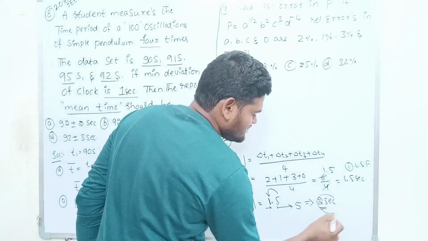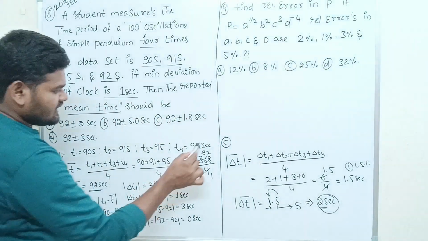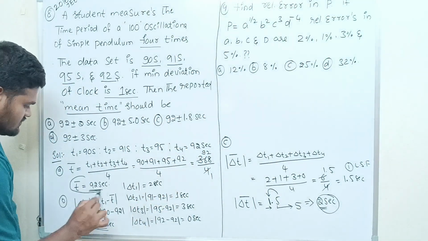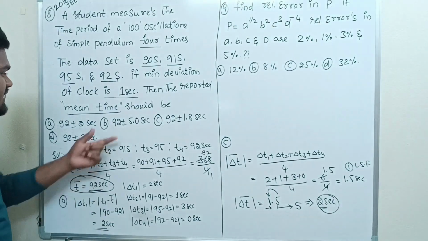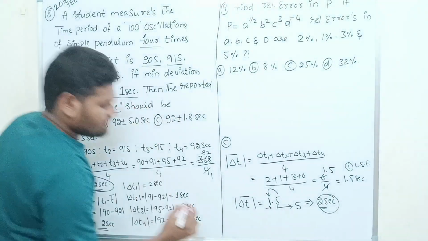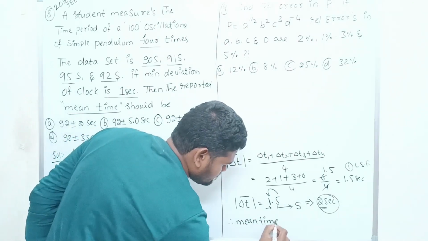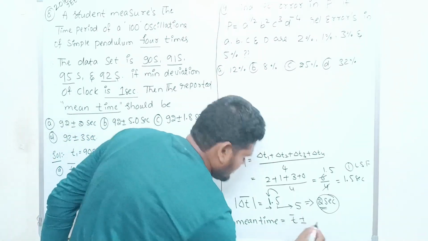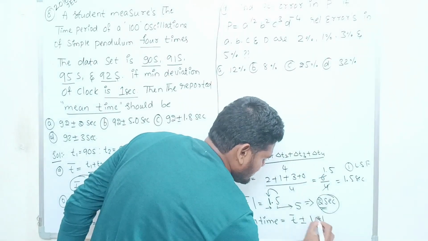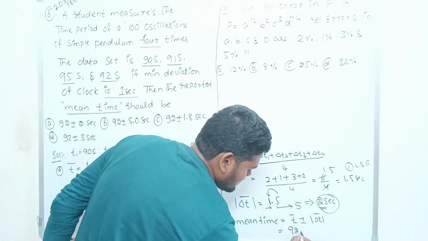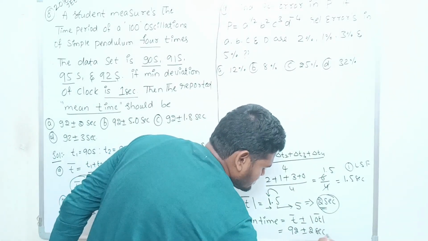So we got 2 seconds here and 92 seconds here. So our answer is ready. Therefore, the reported mean time is equal to T mean plus or minus the magnitude of delta T mean, which is 92 plus or minus 2 seconds.